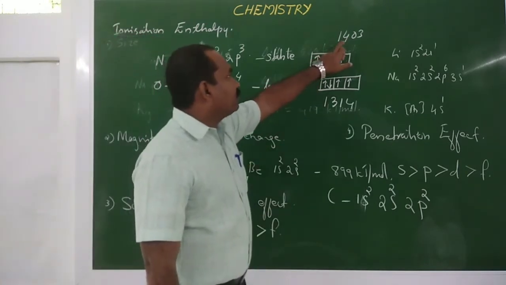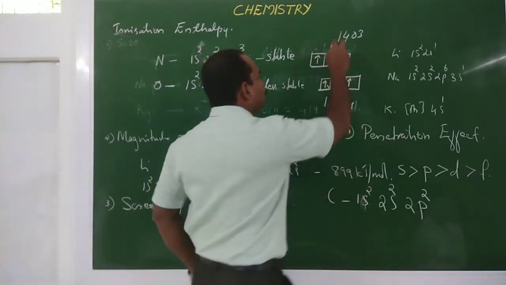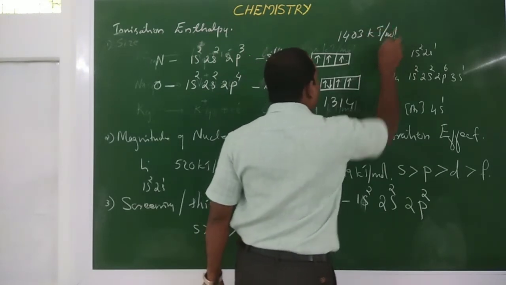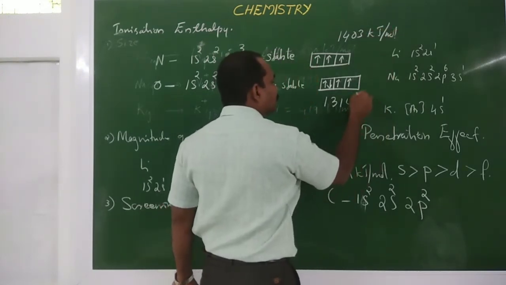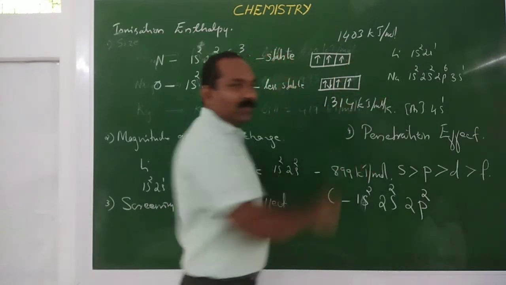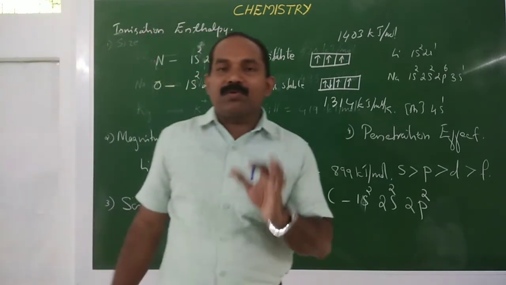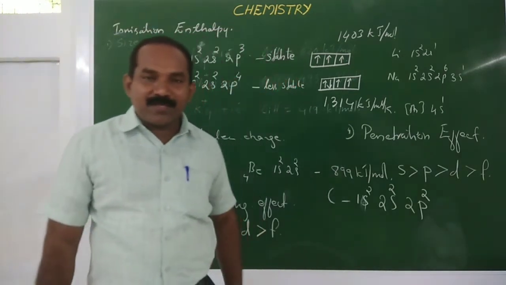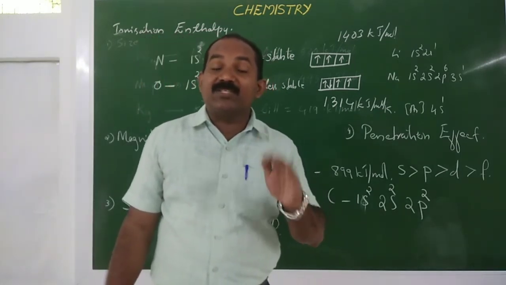Okay, so in the case of nitrogen, the ionization enthalpy is 1402 kilojoule per mole. In the case of oxygen, it is 1314 kilojoule per mole. So those atoms having stable electronic configuration, the ionization energy is higher.